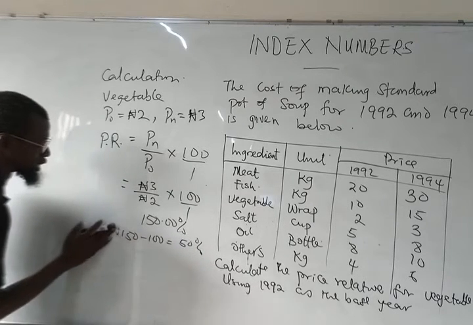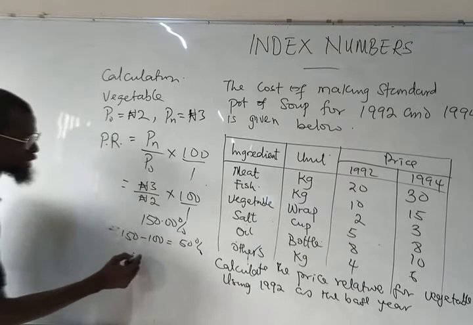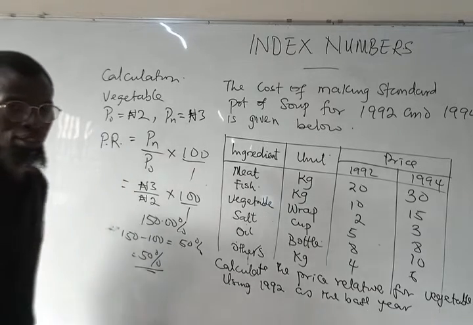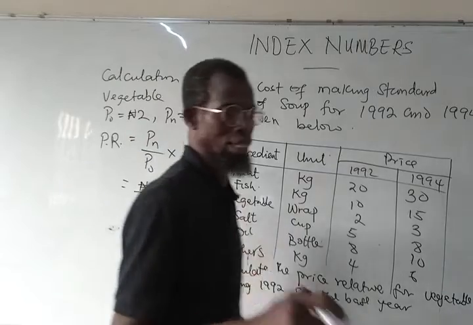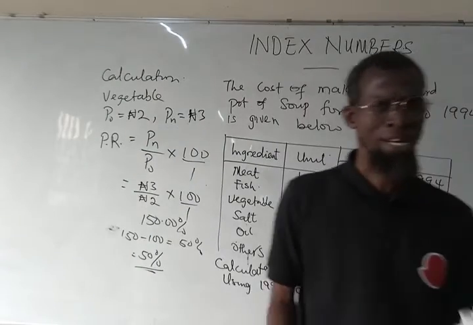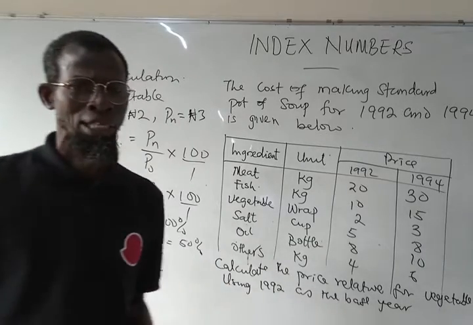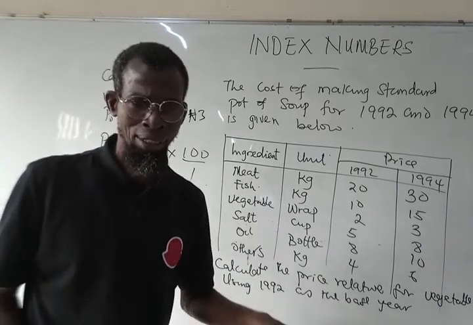So indicating that the price of this item has gone up with a 50% increment. We don't just make comparisons, and these are the mistakes people make. We compare things without using mathematics.